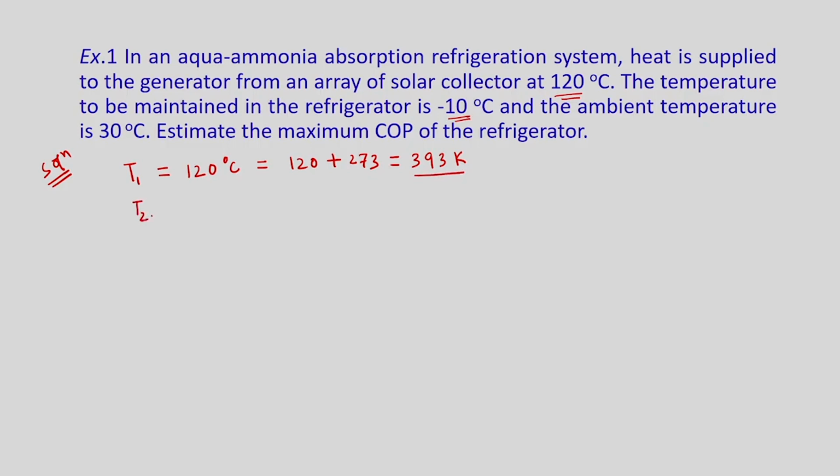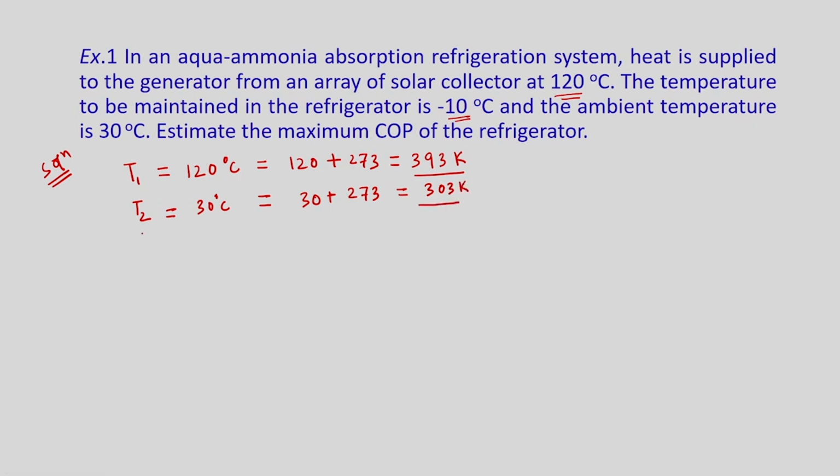What is T2 here? T2 is 30 degrees C, which is the sink temperature. So, 30 plus 273 is 303 Kelvin, right.